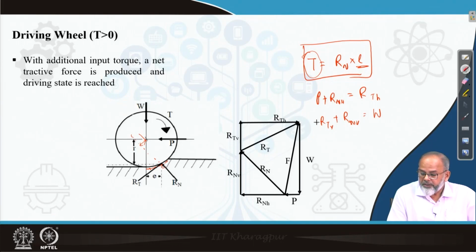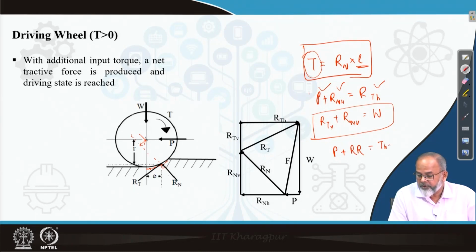That means this is the weight and this is the pull, this is the rolling resistance and this is the thrust. So pull plus rolling resistance RR will be equal to thrust.